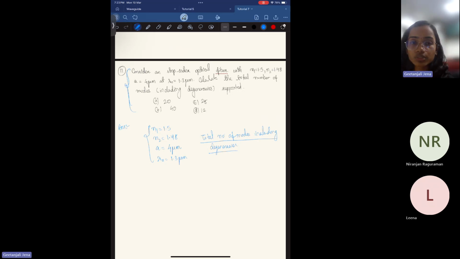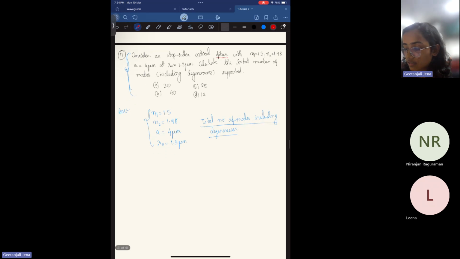So if we are given these parameters, what is the total number of modes, including degeneracy? First, you need to calculate the V parameter. What value are you getting for the V parameter? 1.179? I don't think it is correct.